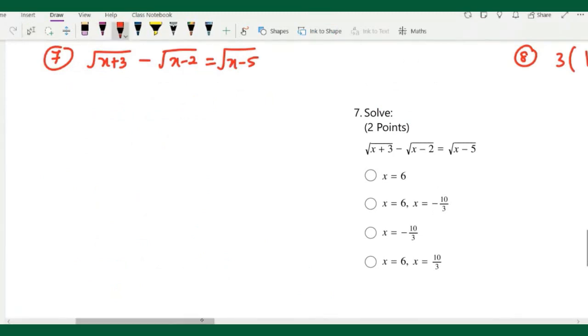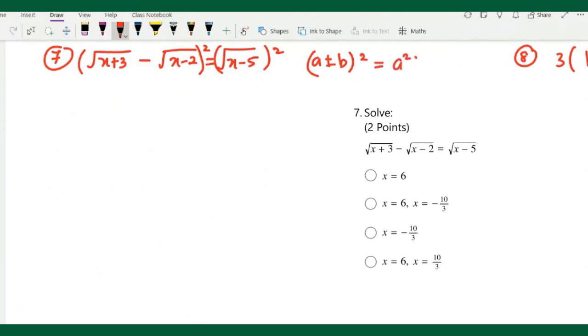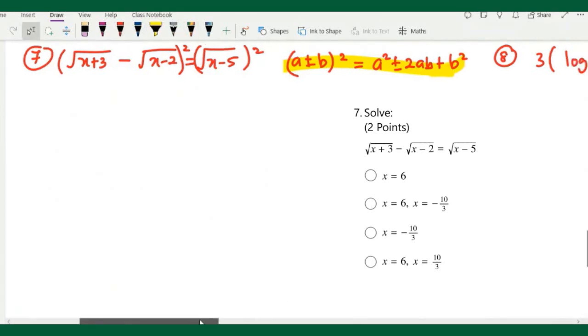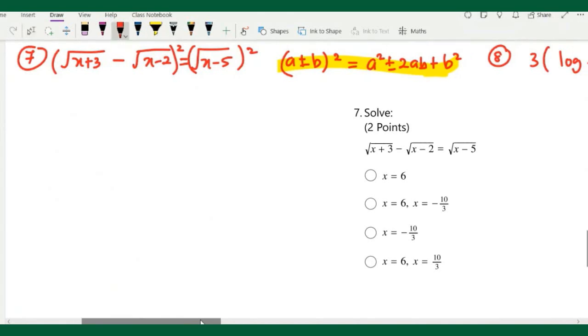So the very first step to solve a surd question is to take square on both sides, meaning the first step, square the left side, square the right side. So we square as usual, a plus minus b squared. The expansion should be a squared plus minus 2ab plus b squared. This is the usual expansion, because many students will miss the plus minus 2ab part, so please be careful on that.